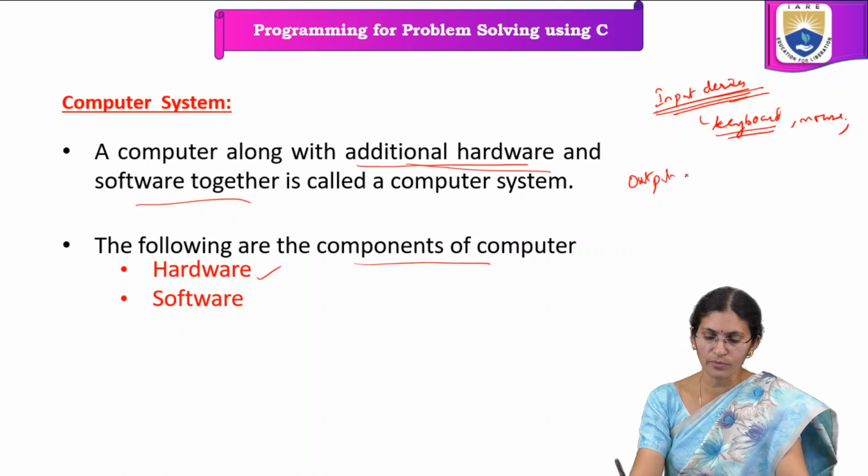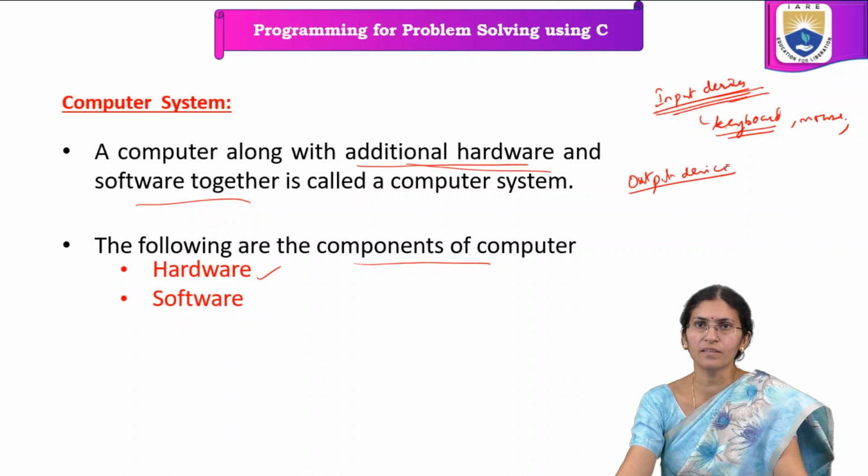Next one is output device. Output devices are the devices for the results after the computer does some processing. We have seen the definition of a computer: it takes the input, does some processing and gives the output. After processing, the results are to be displayed to the user or programmer in a human readable form.